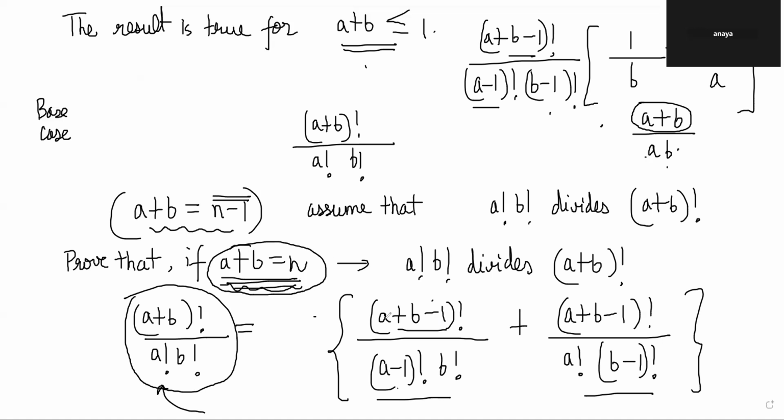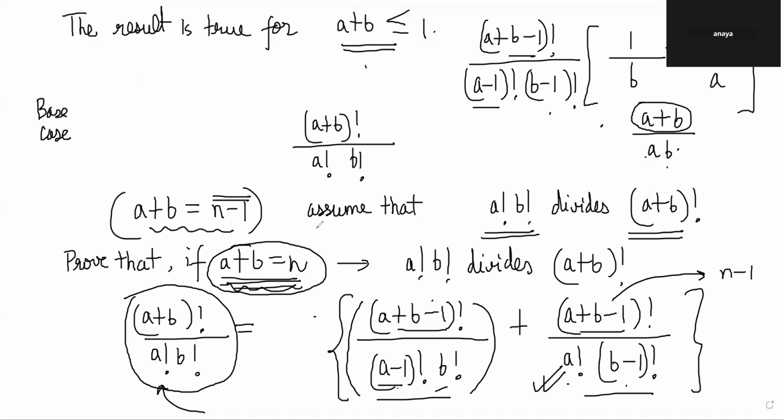In that case, a plus b minus 1 factorial is the n minus 1 case, and these two things are adding up to that. So this fits the pattern that a factorial b factorial divides this for a plus b equal to n minus 1. From the induction assumption, we can say that this is an integer. Similarly, this is also true, because this is the case where the sum is n minus 1, and these two are adding up to that.